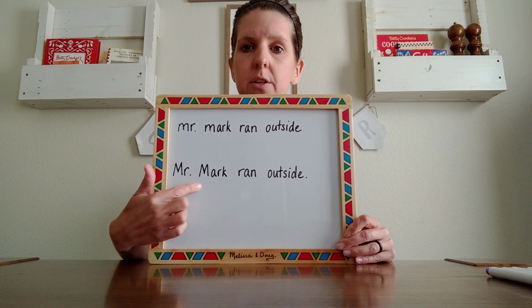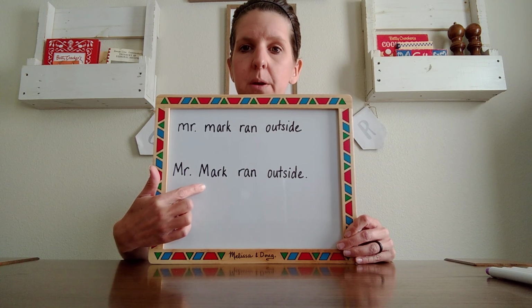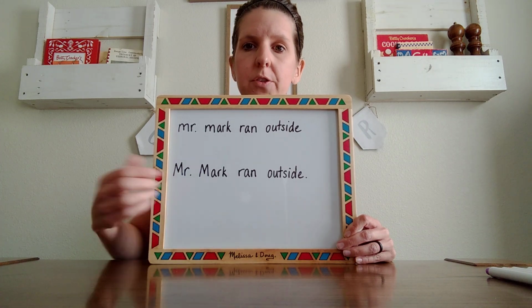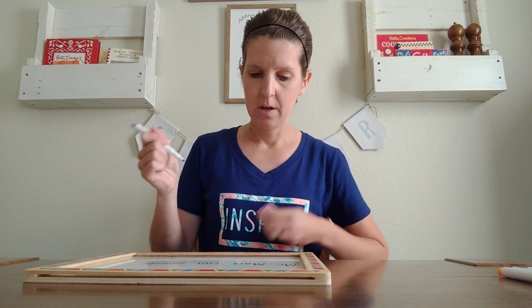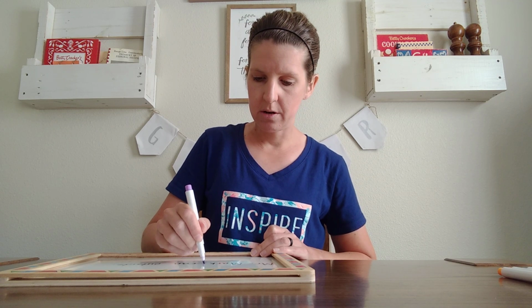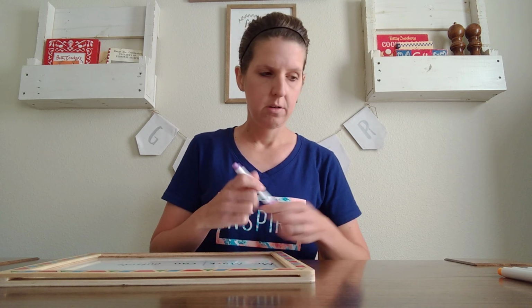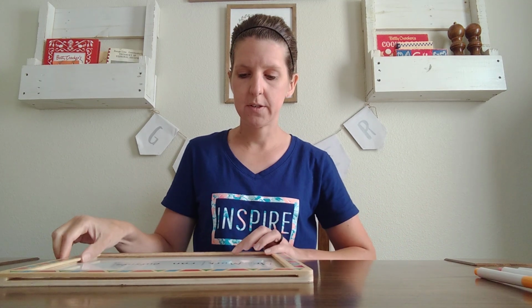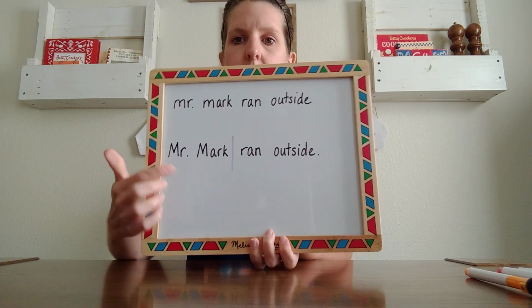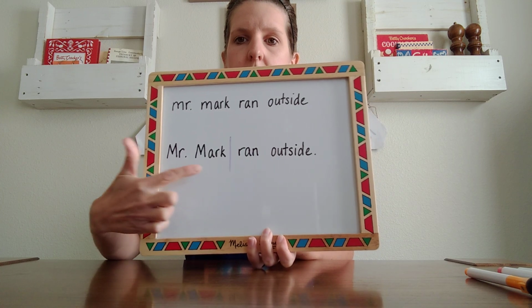Okay, Mr. Mark is my subject part. And what's my predicate? If that's my subject, what's the predicate? Ran outside. So my next step is I'm going to take purple and draw a line in between my 2 pieces of the sentence. Okay, so it's a little bit hard to see, but I have a purple line right here.